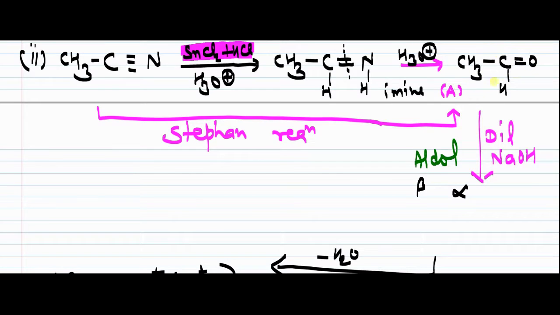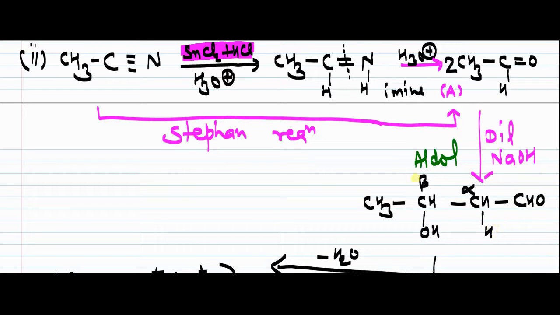An alpha H containing compound, 2 moles of CH3CHO, in the presence of dilute NaOH, means an aldol reaction. The result is CH3CH(OH)CH2CHO, a beta hydroxy aldehyde, also known as aldol.